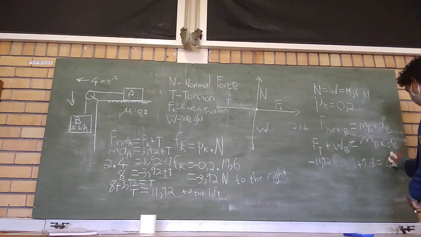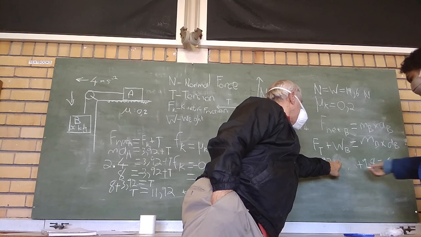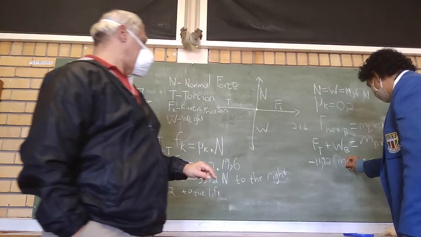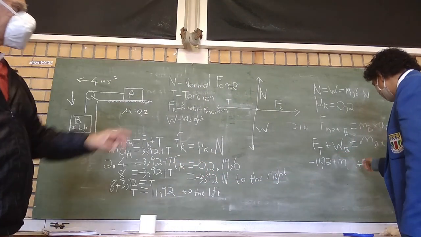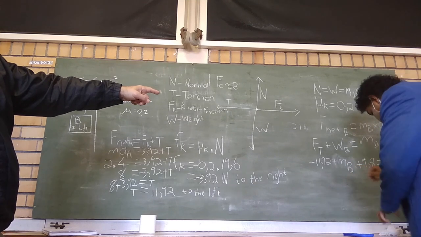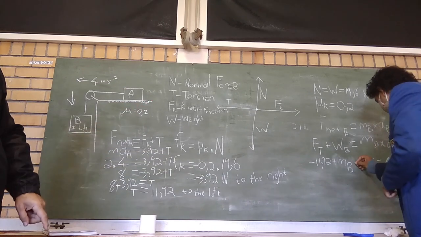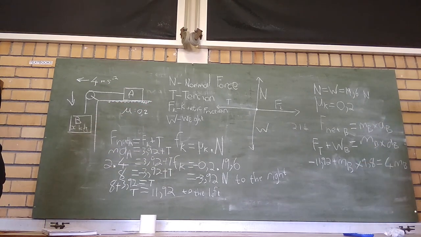Yeah. No, that's right, but here. So there's going to be 2 MB, but it's going to be MB times 9.8. There we go. Equals 4 MB. That's it.